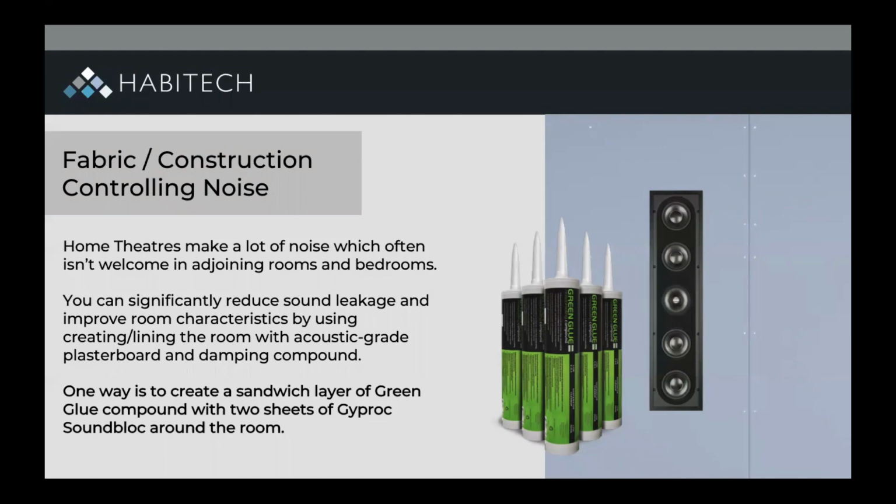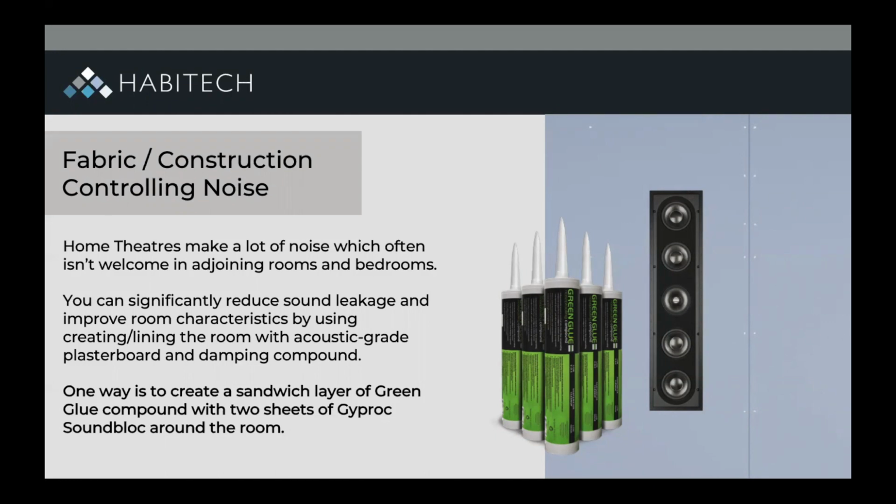One of the products that you can use, and again, there are application notes in the package that comes with this webinar, is a product called Green Glue, which you can use to create isolated panels inside a cinema room, combined with things like Gyprock Sound Block or many other plasterboard products that are specifically designed for acoustic environments to help isolate the room and stop the noise coming out of it.